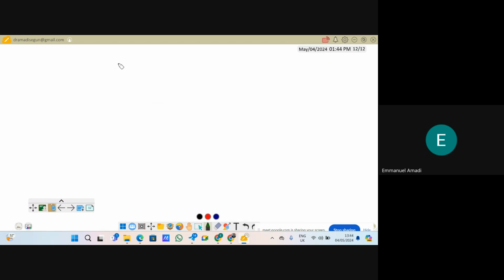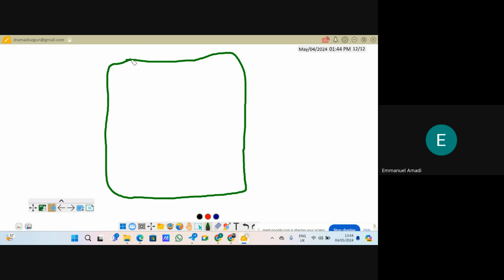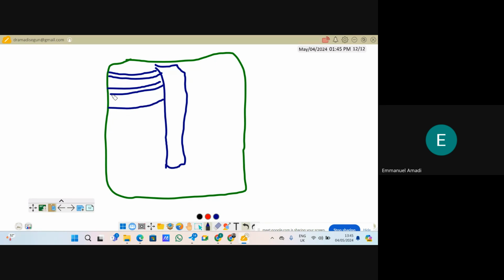So let's assume this is a chest wall. Let's assume in between here is the sternum. Now, let's assume this is the first rib. This is the second rib. This is the third rib. This is the fourth rib.